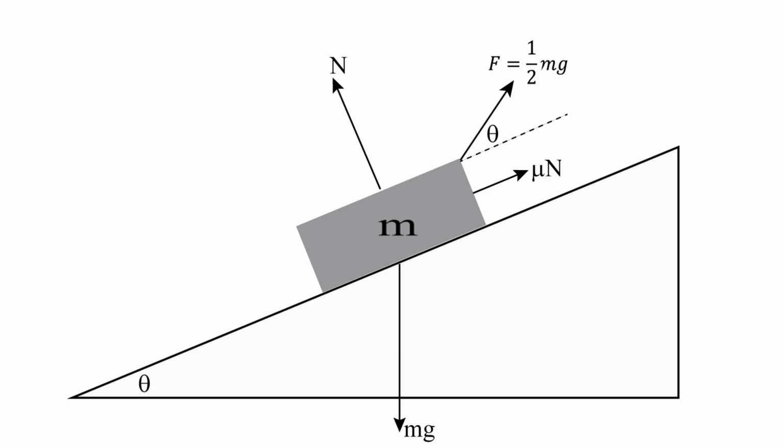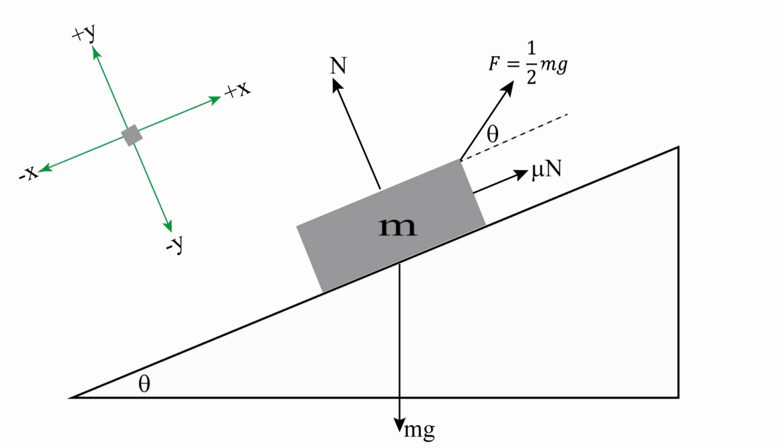And finally, we put in mu times N, that's the force of friction acting up the slope. It's acting up the slope because the block is about to move down the slope, and the force of friction is always opposite to the direction of the motion of the block or its intended motion. And that's a very, very important point to bear in mind for the next part of the question.